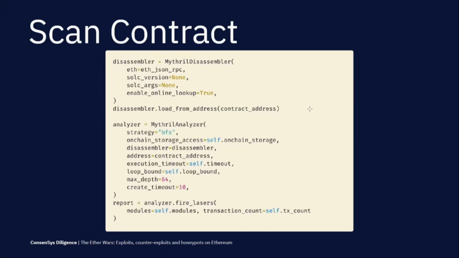If you know a bit of Python, you can import the libraries, start up the Mythril disassembler. You point it to an Ethereum node, and then you tell it to load from the contract address. So that means it knows what to scan. And then you start the Mythril analyzer. It has some parameters that you can play with.